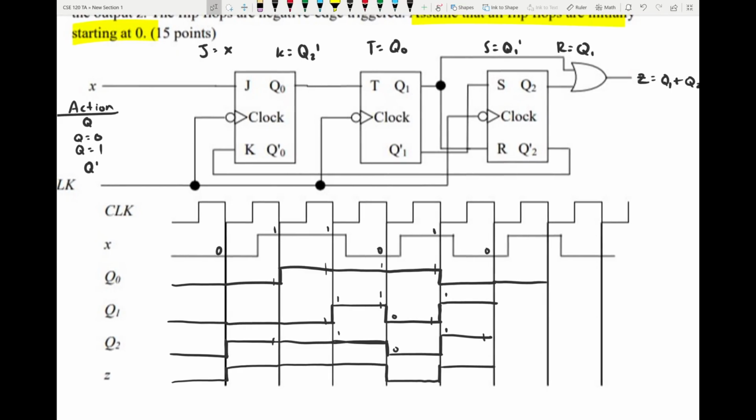Okay, Q1 being based on T, which is based on Q0. Now Q0 at this point is a 0, which means we're not going to toggle at this point, which means Q1 is going to stay at a 1.